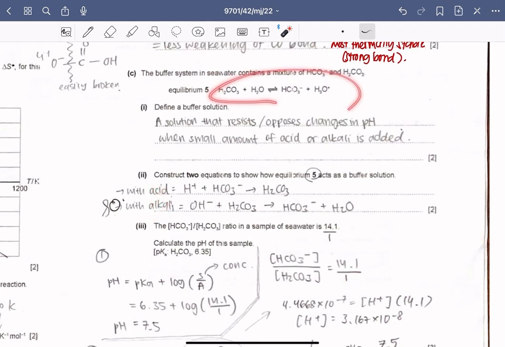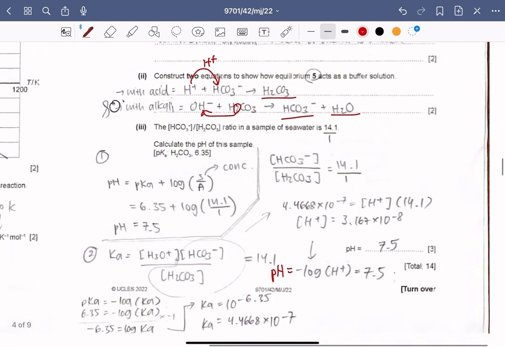So when the buffer solution, a mixture of HCO3 minus and H2CO3, reacts with an acid, the H+ will react with HCO3 minus, and the H will move here to form H2CO3. And with an alkali, OH minus, the extra H will move here to neutralize and form H2O and HCO3 minus, and therefore the pH is maintained.